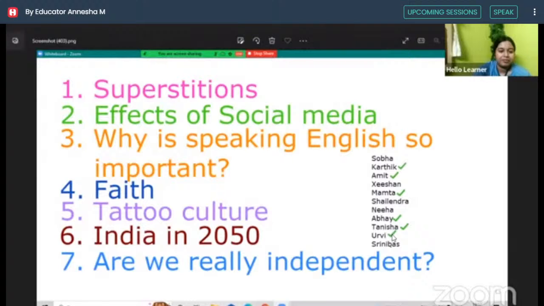Hence, we will be a peaceful country, and we will also be stable economically, and India will be a well-developed country till then.